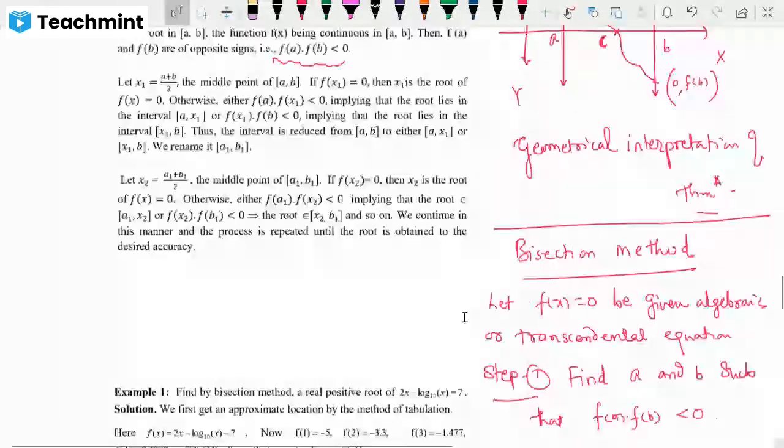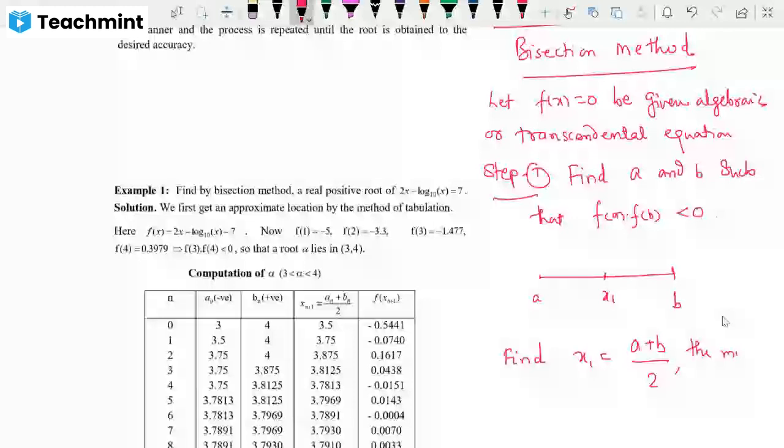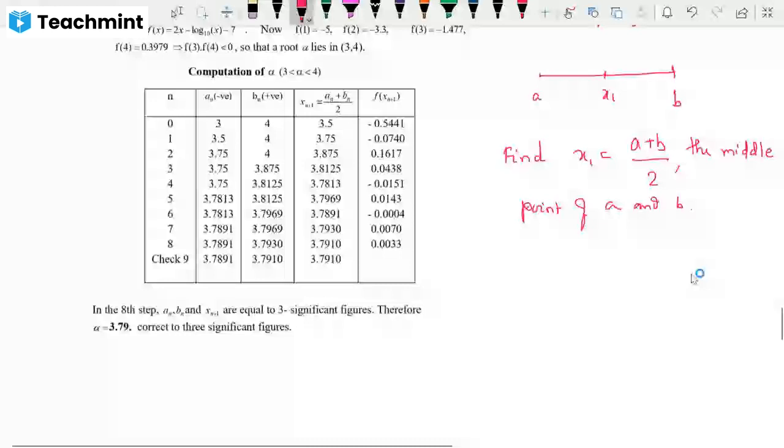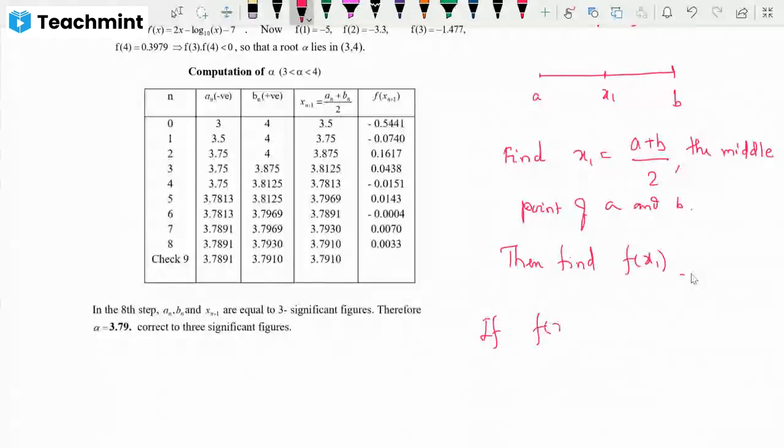Next you will find the value of f(x1). So x1 is the middle point of a and b. Simply find f(x1). If f(x1) is 0, then what happens?